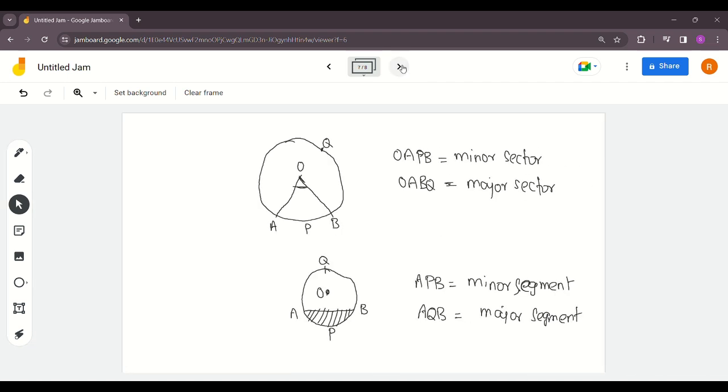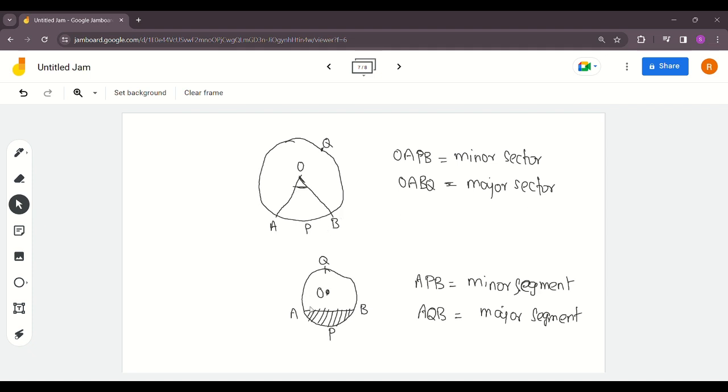After that, I have drawn this diagram to make you understand what a sector is. Here, OAPB, this region, you can see OAPB together is called a minor sector. Other than that, OABQ, this entire region, is nothing but the major sector.